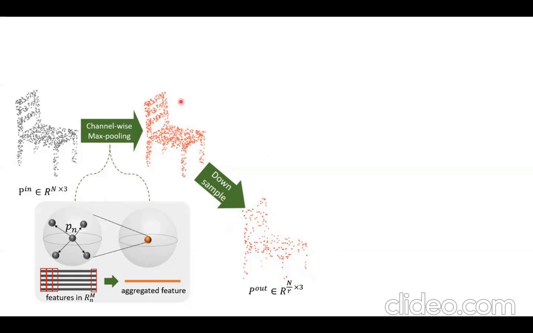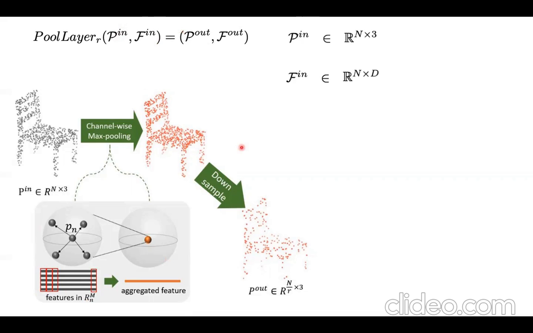But for this downsampling, they are using a random approach. So they randomly select 256 points, okay? And this is how they got this. And in the pooling layer, you have an input point cloud and a reduced output point cloud. And the features also got changed, right? They got aggregated in this.